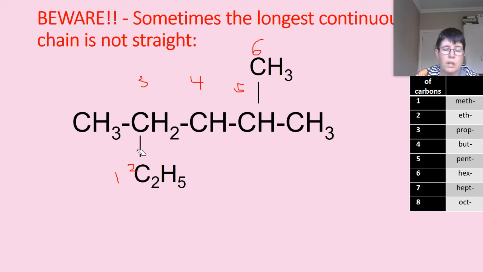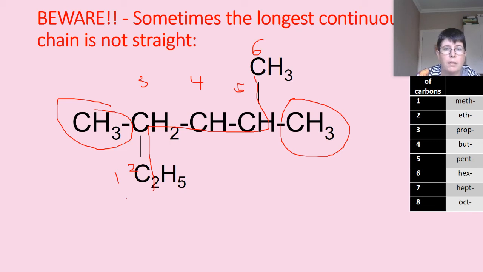Okay, so we could number it this way, and then we would have methyl groups, one here and one here. Our parent chain is 6, which is there. So that would be 3,5-dimethylhexane. However, it's a bit of a trick here.